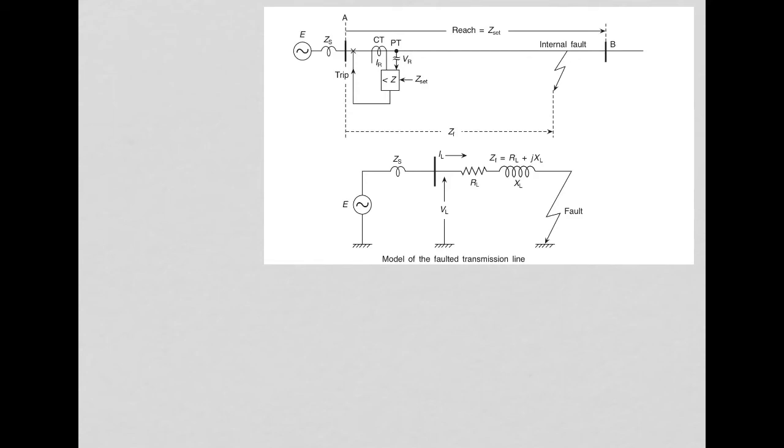So from this figure we will see that VR, that is the secondary voltage, is given by VL by PTR, then IR is IL by CTR, where PTR equals the PT ratio and CTR equals the CT ratio, as we know.